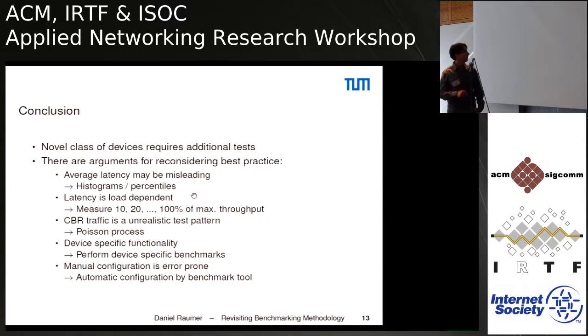Especially the novel classes of software devices require that we reconsider benchmarking best practice that has been established decades ago. These are my points, but there are more in the paper.